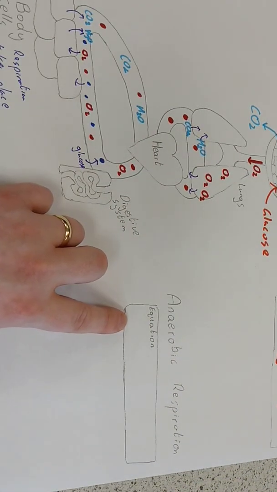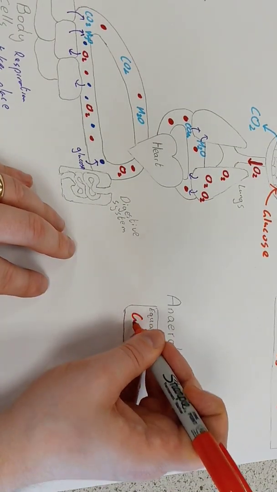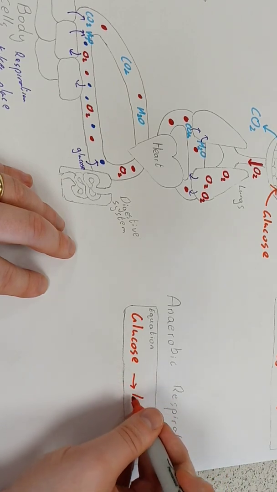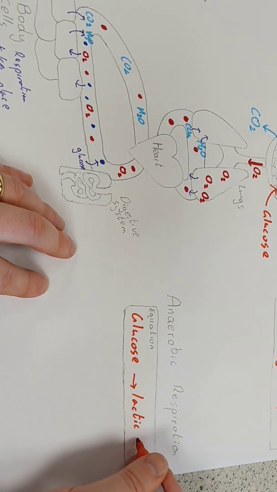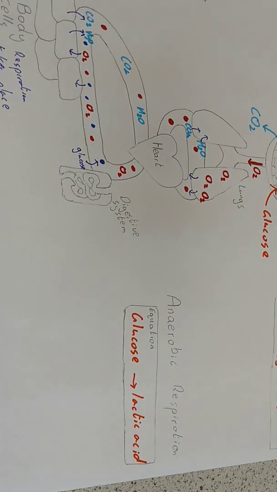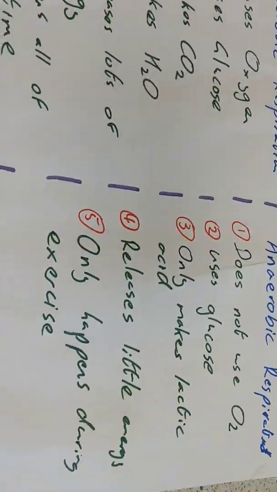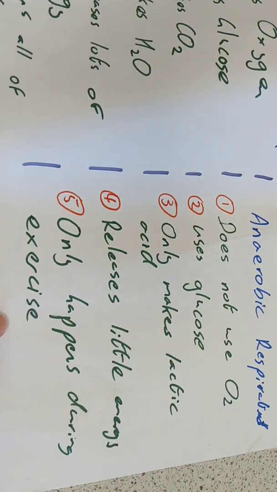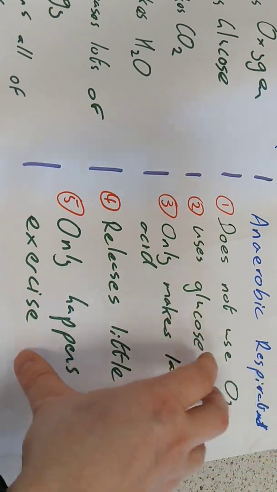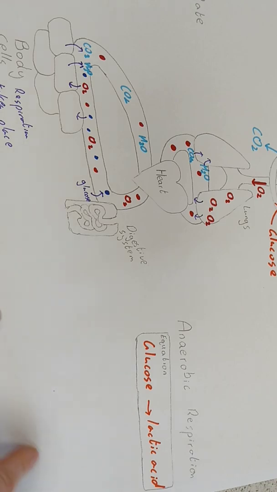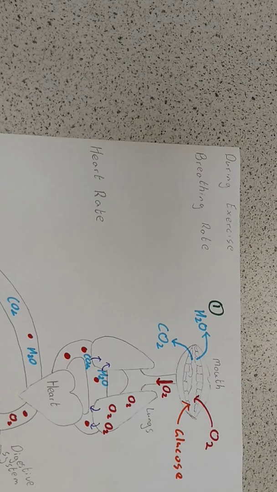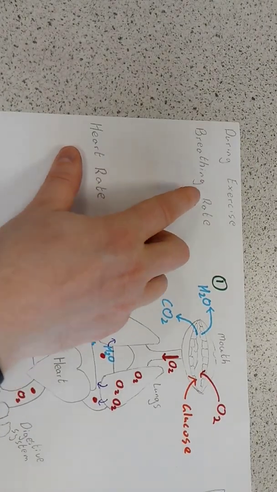Anaerobic respiration in that case then, we've got glucose goes and converts just to lactic acid. And the same again, you've got that information from yesterday on anaerobic respiration, and you can include that information there underneath anaerobic respiration.